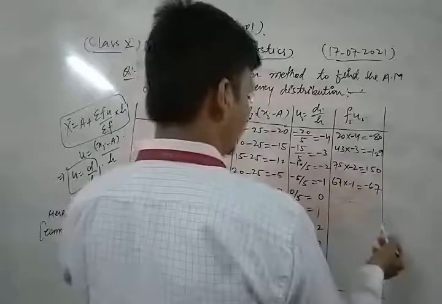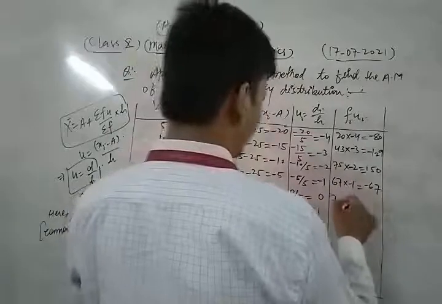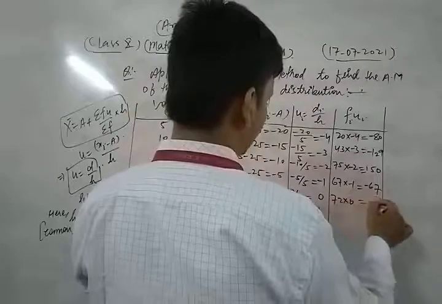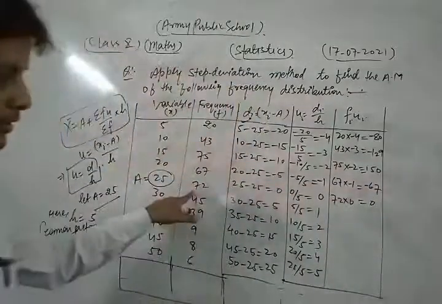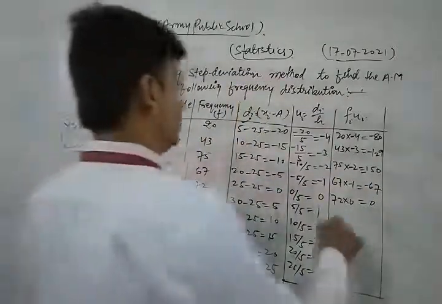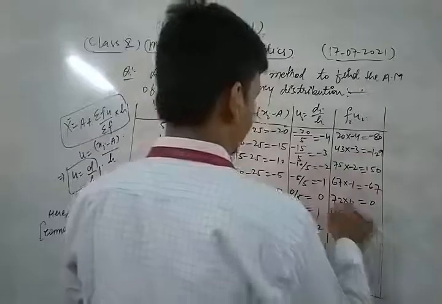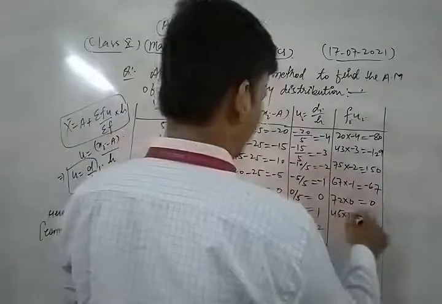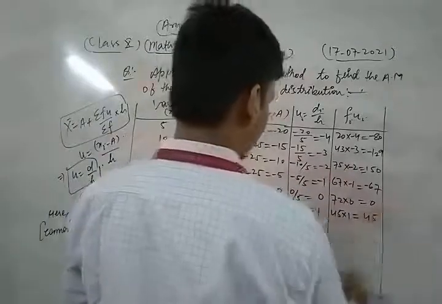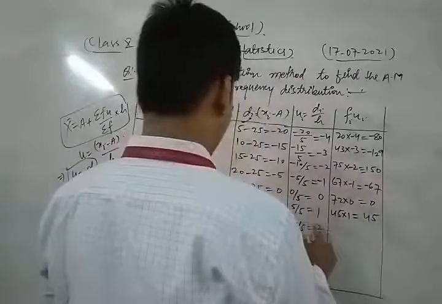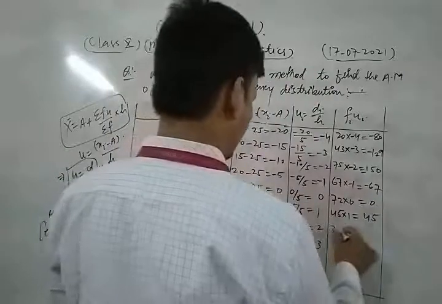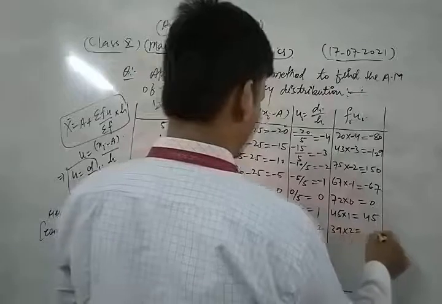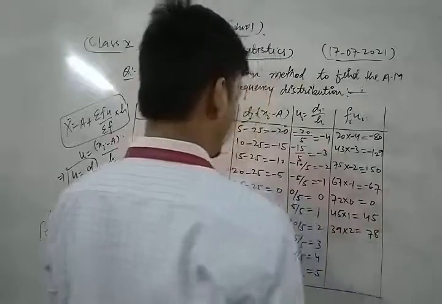Now 72 into 0, that is 0. Now 45 into 1, that is plus 45. Now 39 into 2, this is 78.